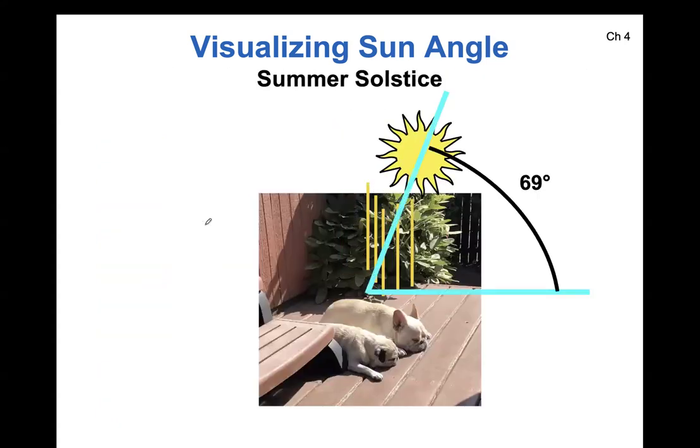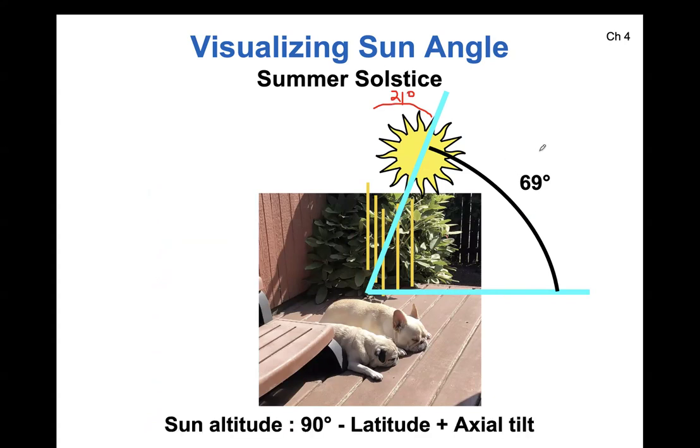In this figure, they're showing the sunlight coming in relative to the ground, to a line that points to the horizon. The difference between the zenith and the horizon is 90, so this angle right here is the 21 degrees, and 90 minus 21 is 69. That's the direct relationship between these two angles.